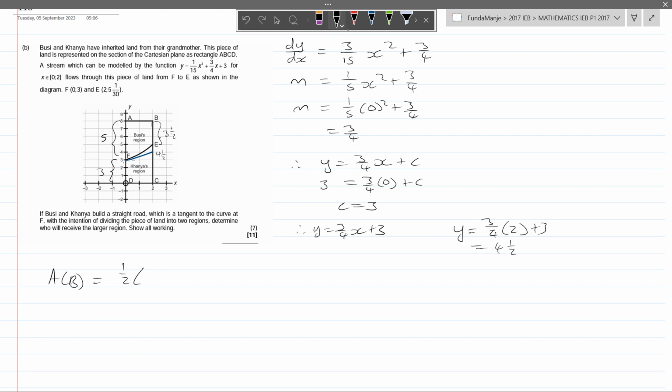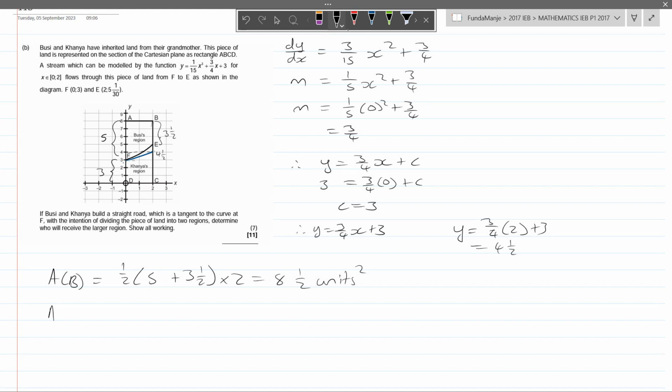So the formula is as follows: a half times (5 plus 3.5) times 2. This will give us 8.5 units squared. That's the area of the top part. Again, if you prefer, you can divide this into a rectangle and a triangle and work it out that way. It wouldn't be difficult as well.